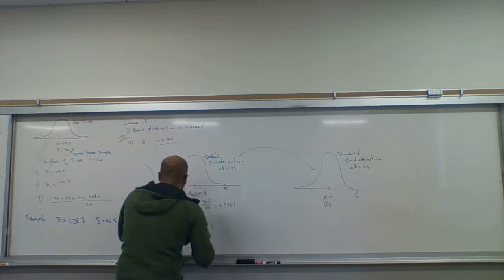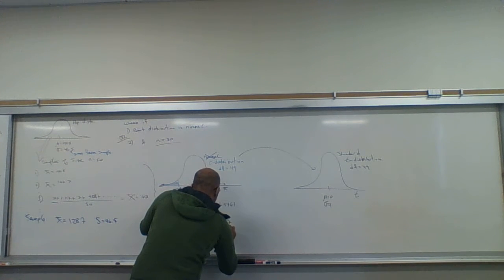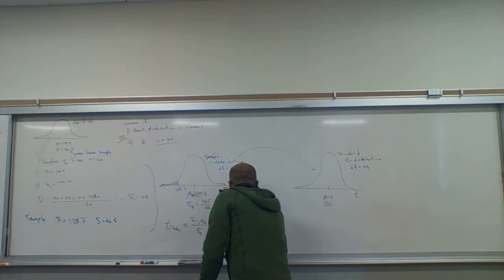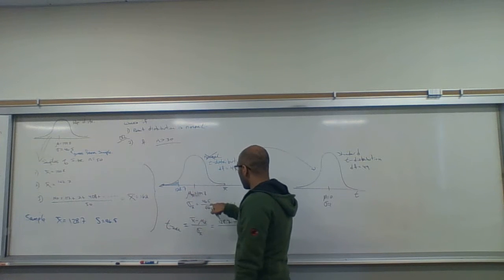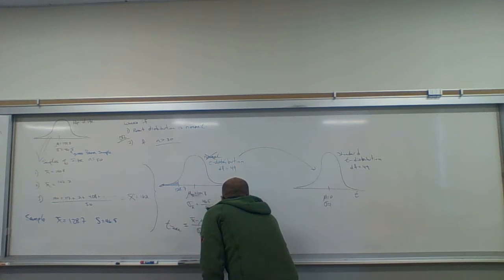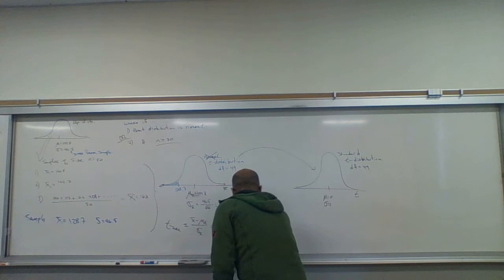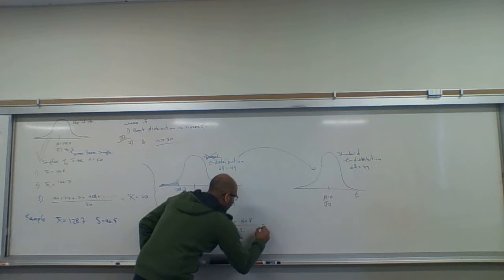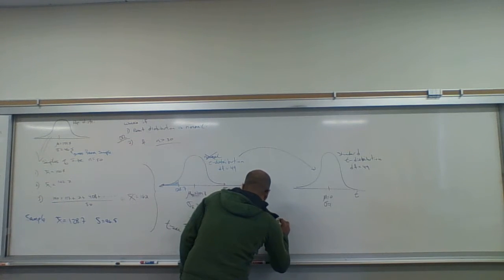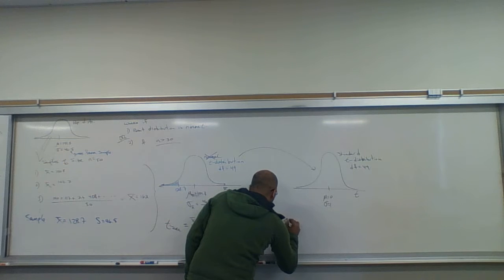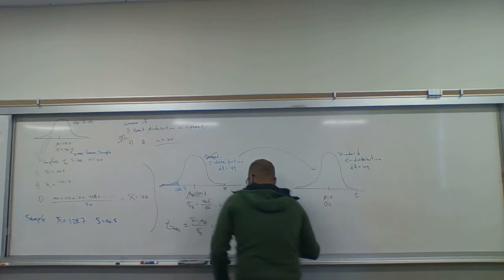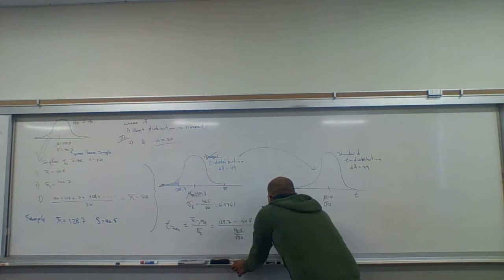So in our case, we have 128.7 minus this thing, 154.8, divided by this thing, which was 46.5 divided by the square root of 50. And we know that that's 128.7 minus 154.8 all over this thing, which we said was 6.5761.